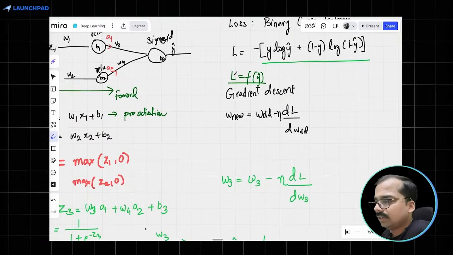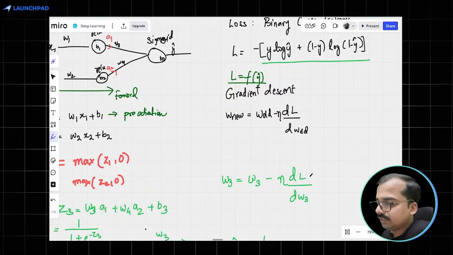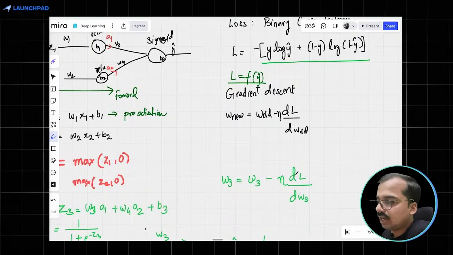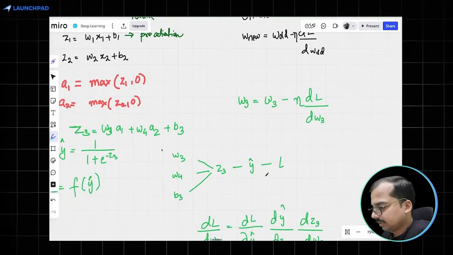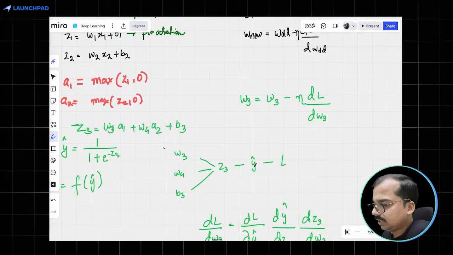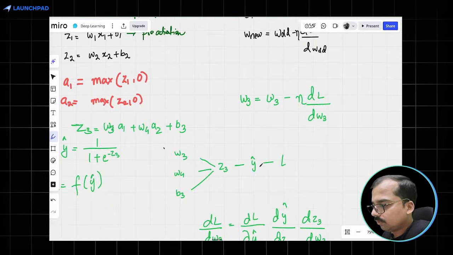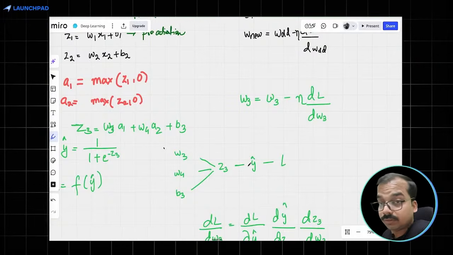So loss is a function of y hat, but I want the derivative of loss with respect to W3. How can I get that? Let me show you this. Loss is a function of y hat. Now how is y hat dependent on Z3? I want to find out the relation.